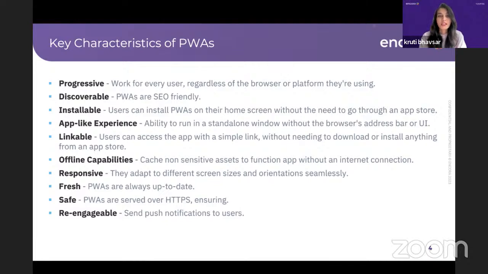Next is discoverable. The main key characteristic of PWA is SEO. It is SEO friendly. SEO friendly means whenever you search particular keywords in the browser, if your website is a PWA, there is more chance that your website will come up first, because PWA is more SEO friendly.